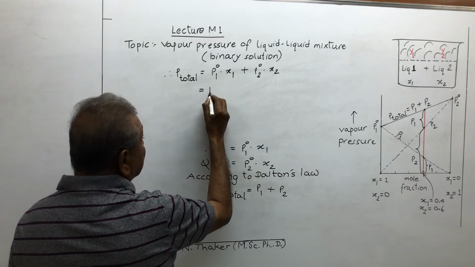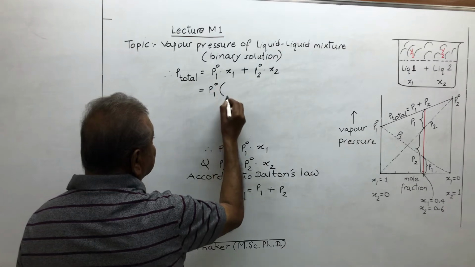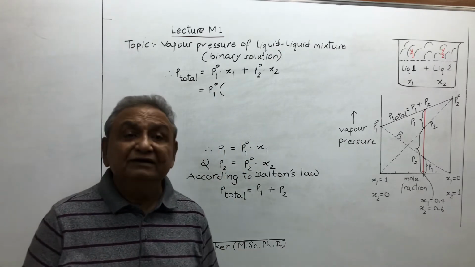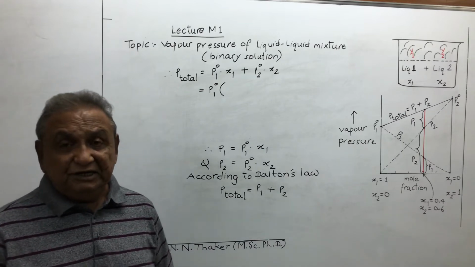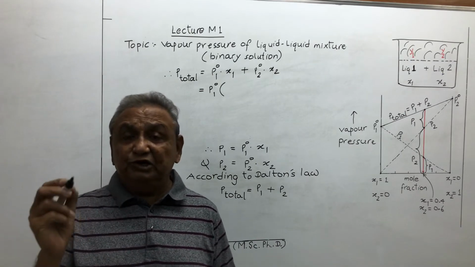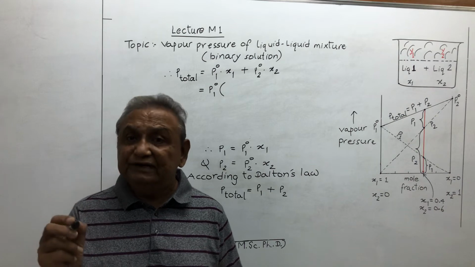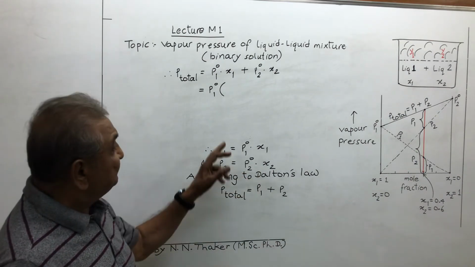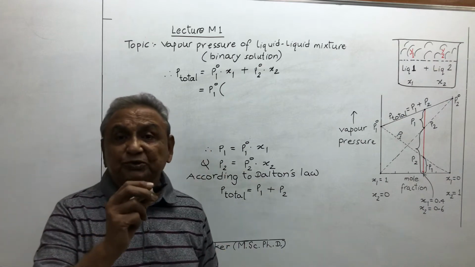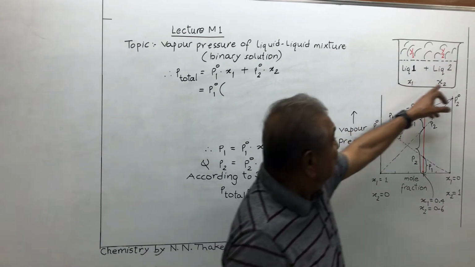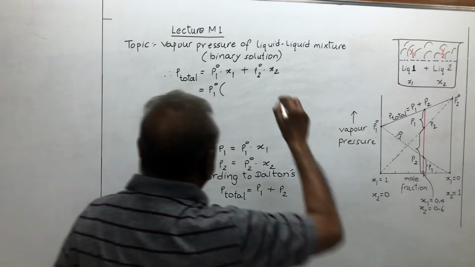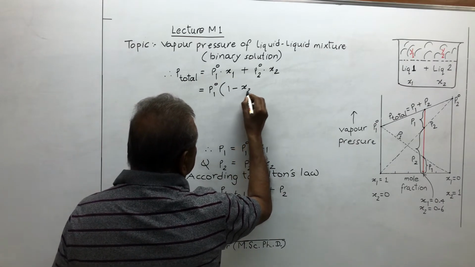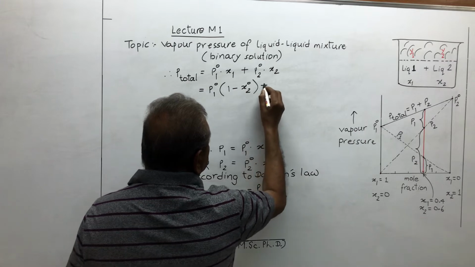Further, P10. Now, you must be knowing that total mole fraction of a solution is always 1. So, x1 plus x2 is 1 here. And therefore, we can write for x1, 1 minus x2.